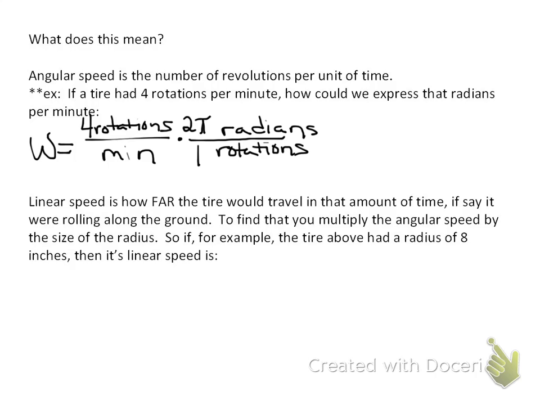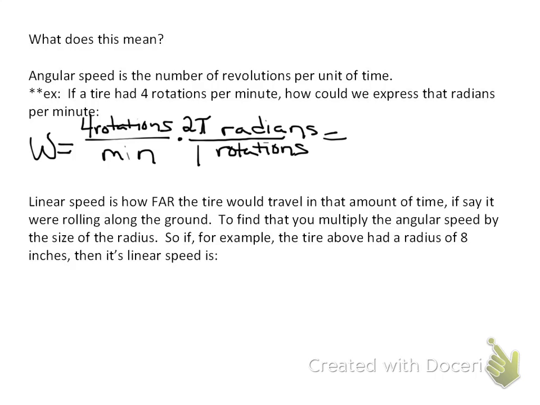The book tries to make it sound really complicated. It's not. This is always your first step. Whenever you're asked about speed, linear speed or angular speed, your first step is always to multiply by 2 pi radians over 1 rotation, so we can get it in radians per minute, radians per second, whatever we're measuring.